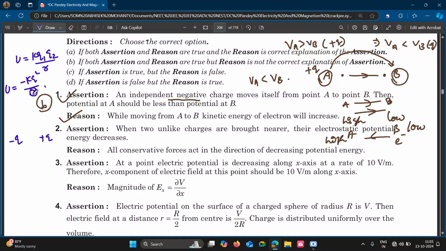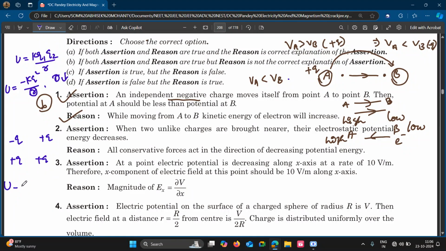They're brought nearer. That means R is decreasing. Suppose again we will consider positive charges, because positive is the thing where our mind works properly. It's when the negative signs come, our mind starts to boggle down. So suppose there are two positive charges.